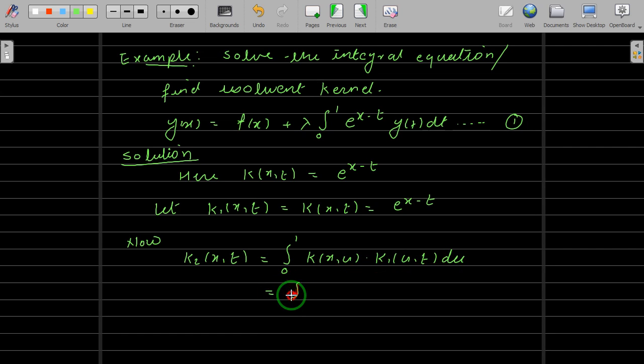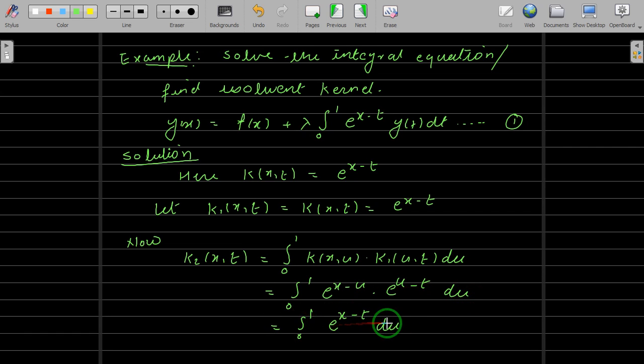You will have integral 0 to 1, k(x, u) will be e raised to x minus u, and then k1(u, t) is e raised to u minus t, du. When you put these terms together, you will have e raised to x minus t du, and you are integrating with respect to u.